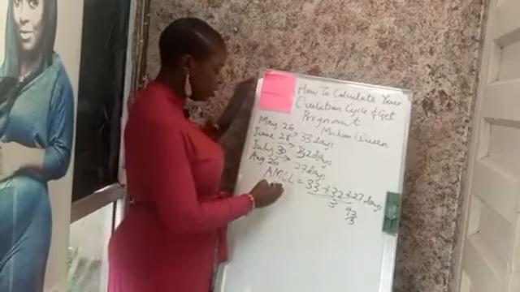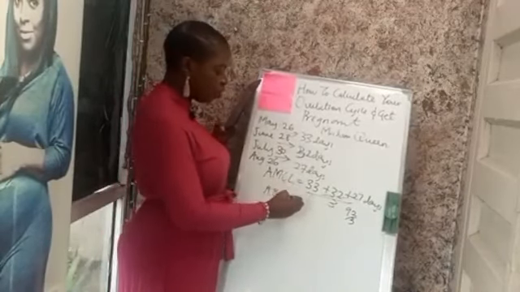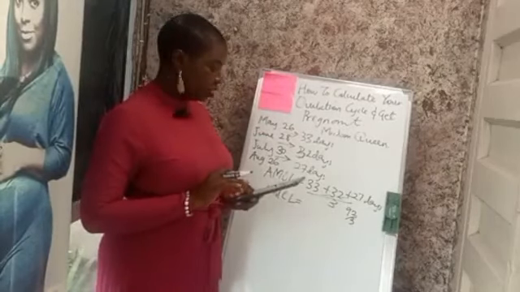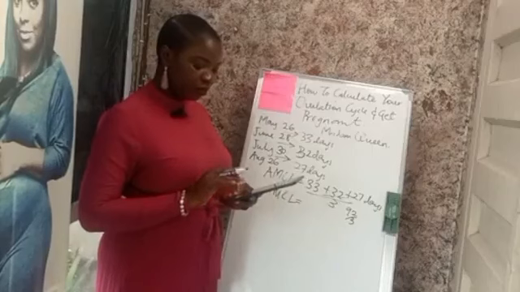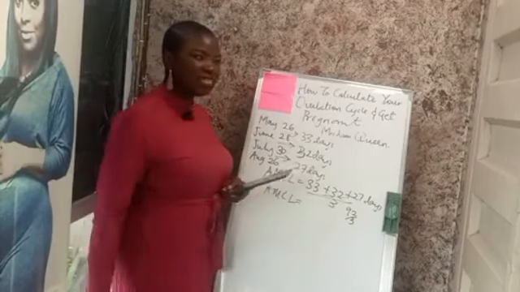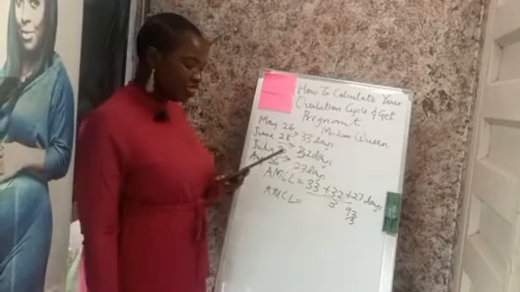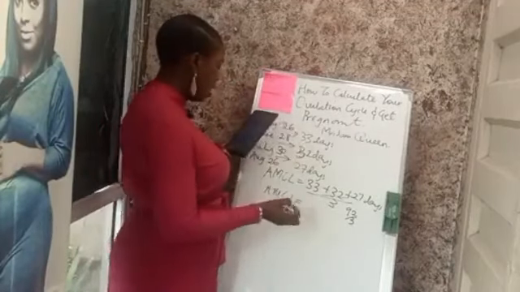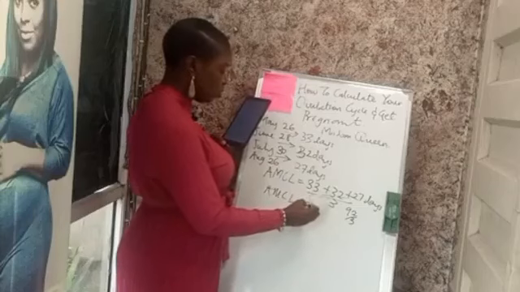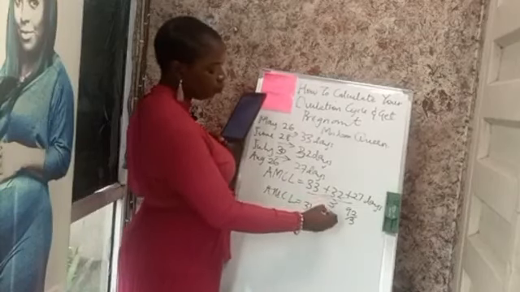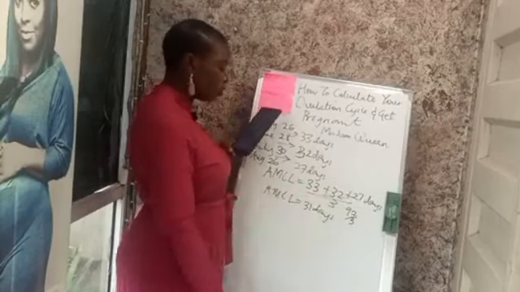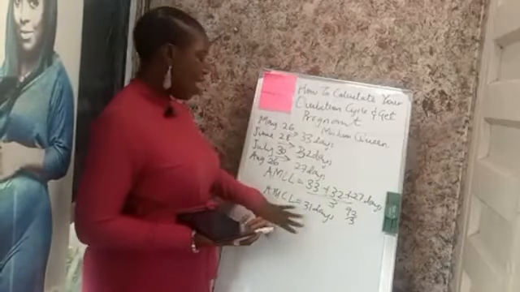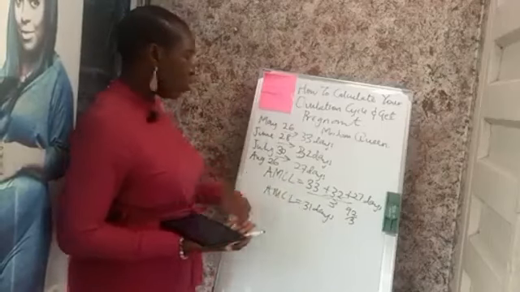So our average menstrual cycle length will be, let's look at this, 92 divided by 3 will be 30.666. And you know what to do, you just approximate and take it to 31 days. So this is our average menstrual cycle length.